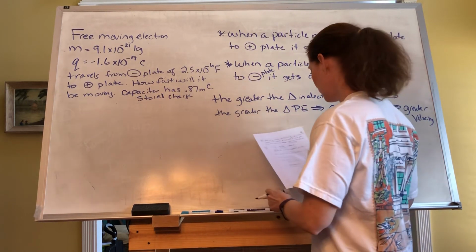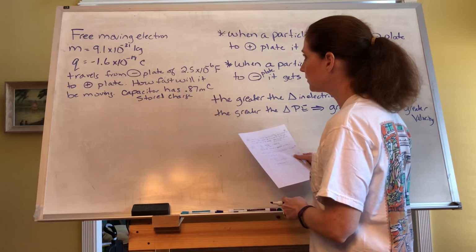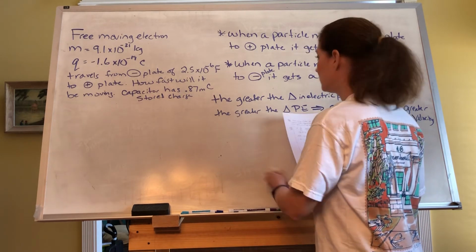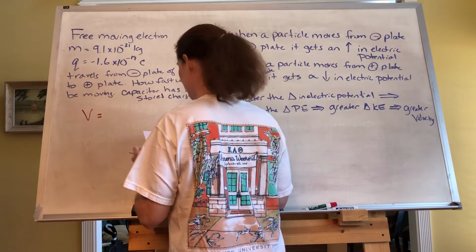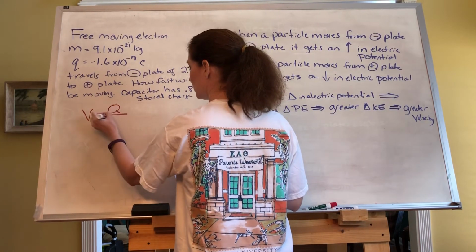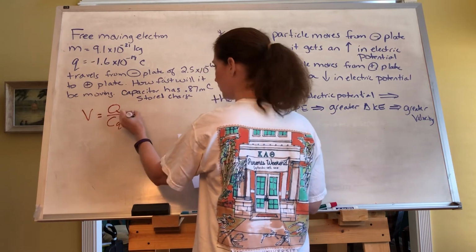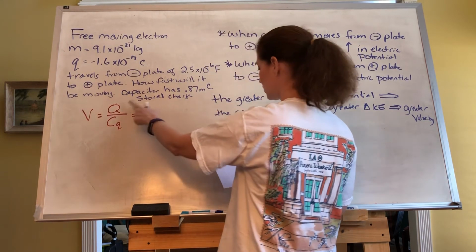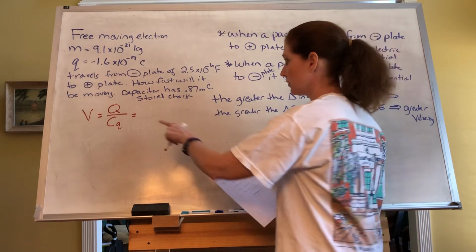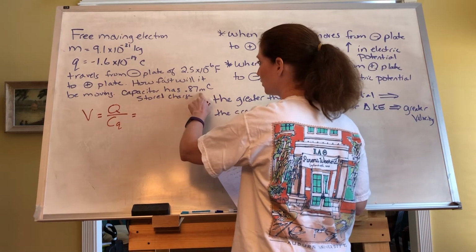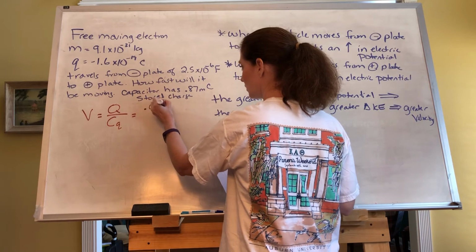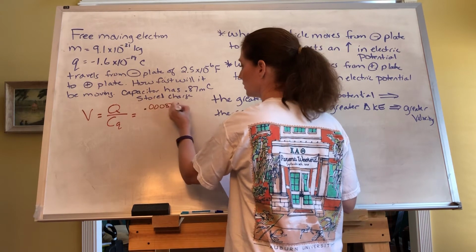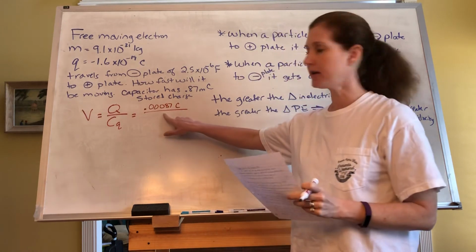All right, so we're going to start with our capacitance equation, Q over C. So the capacitor charge is the 0.87 millicoulombs, so make sure you convert that.